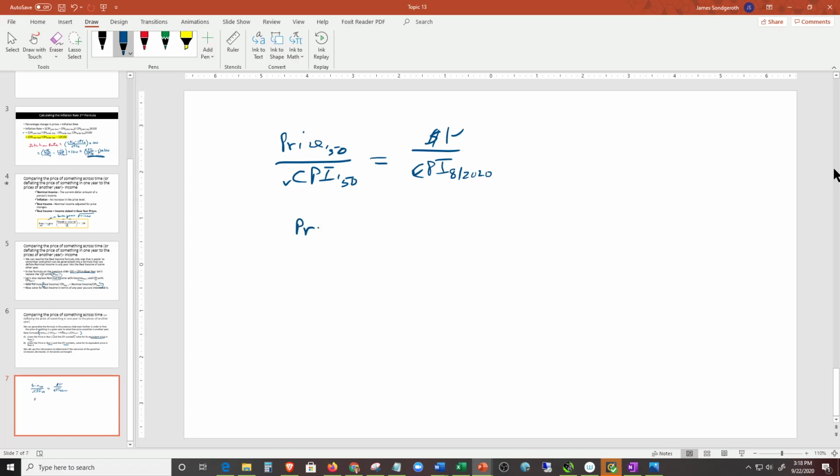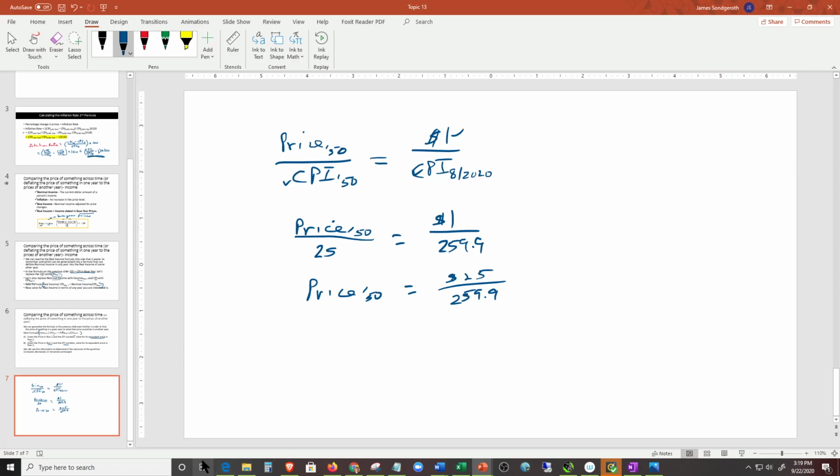So we have the price of a dollar, how much a dollar is equivalent to in 1950, over the CPI in 50, 25, over $1 in 2020, and 259.9. And then we solve for this. The value of the dollar equals $25 divided by 259.9.